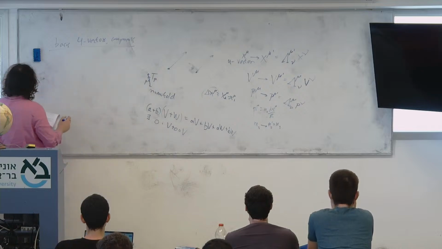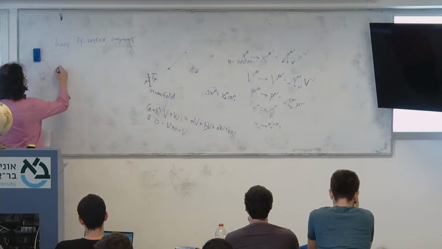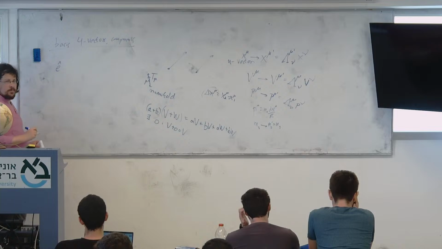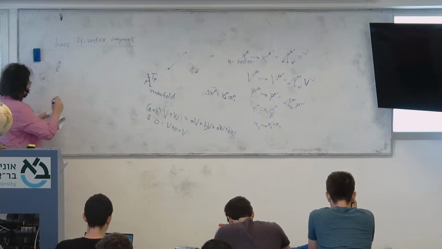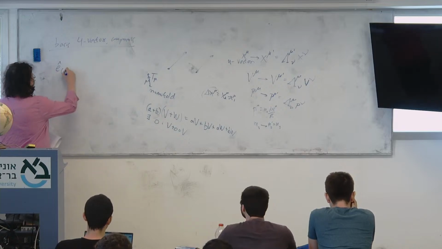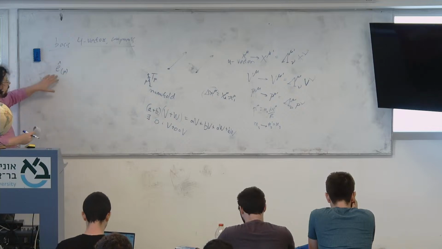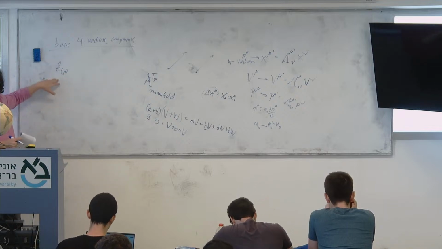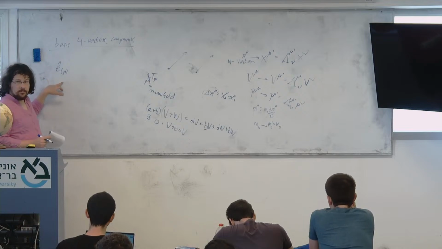So we're going to define our basis in the following way. We're going to have unit basis vectors, with an index mu. Note that it's in parentheses, and then it's on the bottom.